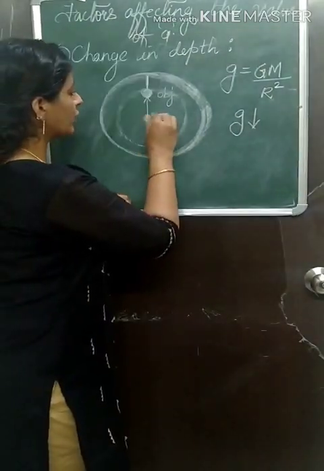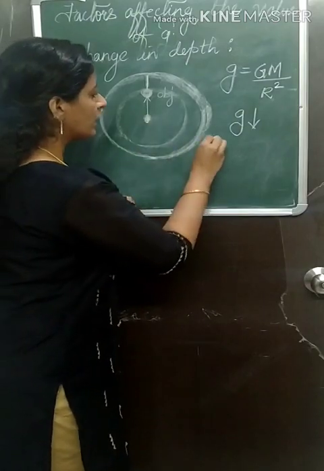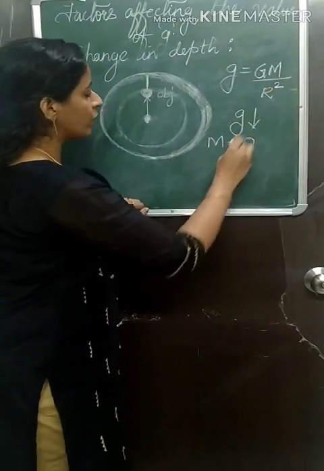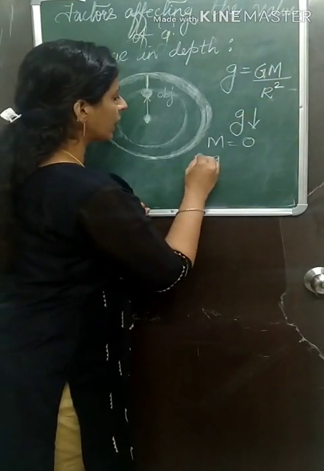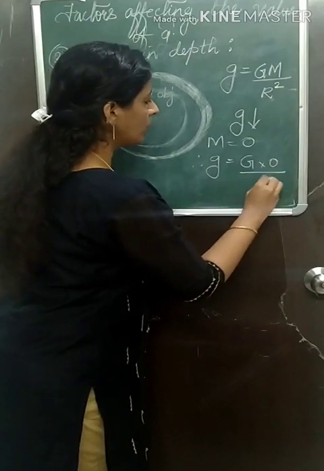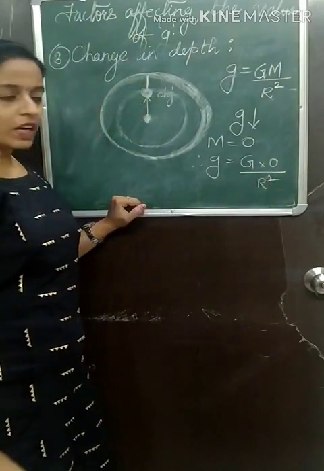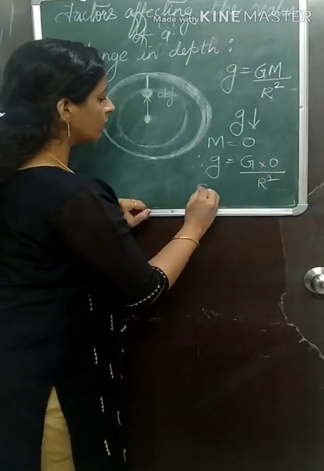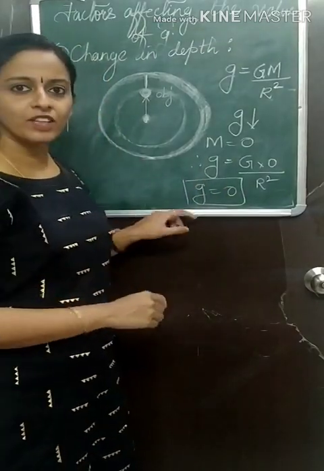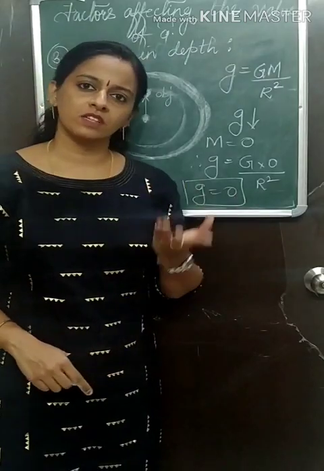At the center of the earth, the mass of the earth will be considered as 0. So if you put the value of m here as 0, what will you get? Capital G into 0 upon r square, no? Anything multiplied by 0 will be 0. So that is the reason why at the center of the earth, the value of G becomes 0.